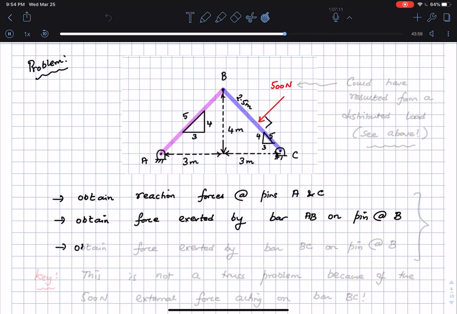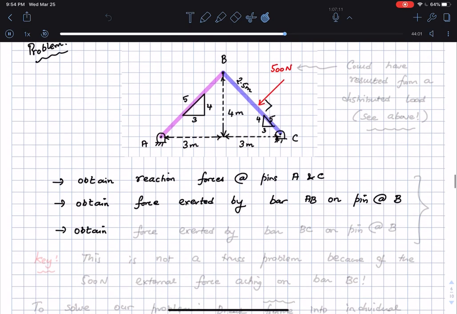And then obtain the force exerted by the bar BC on the pin at B. These are the three things to find from this problem, and we can see that this 500 Newton force, as specified earlier, could have come from a distributed loading. I just want to point that out.